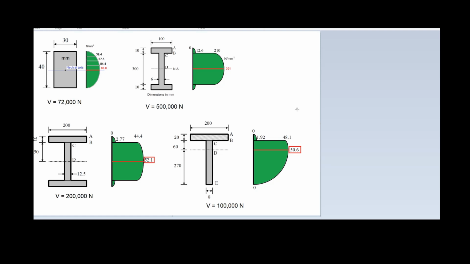For the axial stresses, these calculations are not necessary because for axial stresses, you only use the area, you don't use the moment of inertia. But for bending stresses and for shear stresses, you use the moment of inertia, then you need to know the location of the centroid.